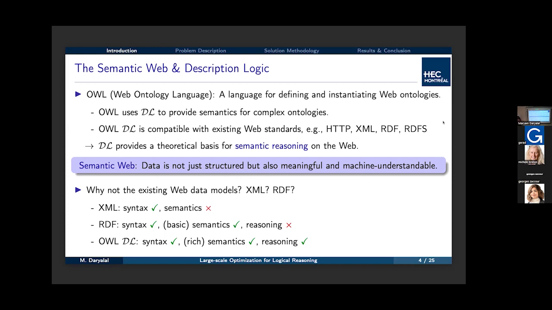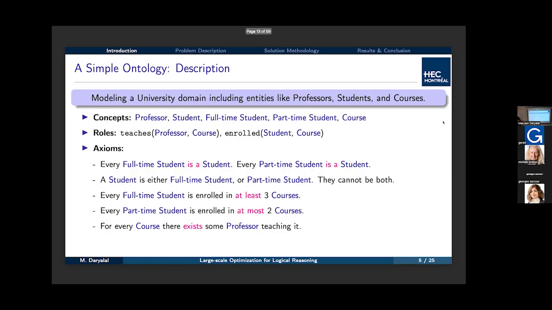It is very semantic, so it supports a lot of axioms and a lot of operators that RDF doesn't, and it also has the capability to do reasoning in the sense of classification, answering queries, and checking satisfiability.